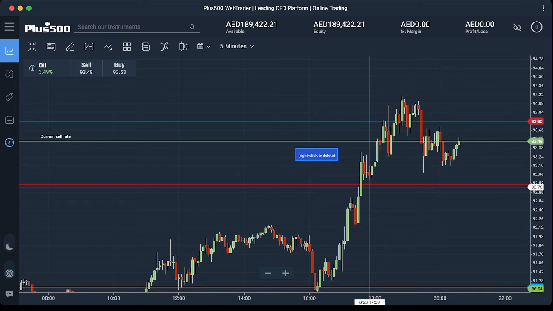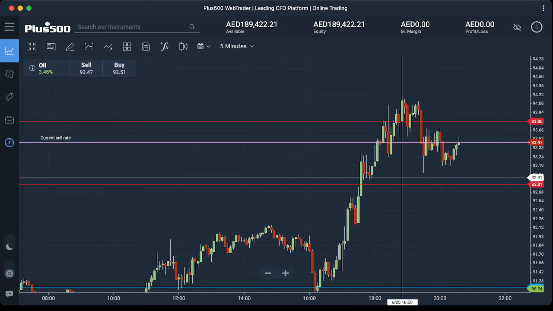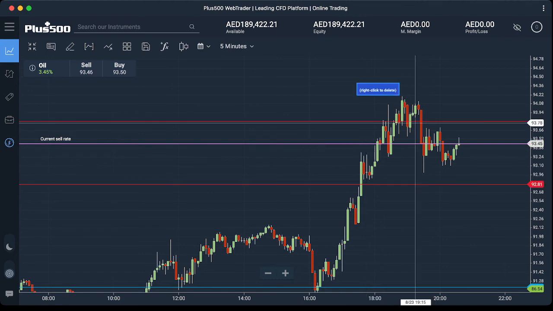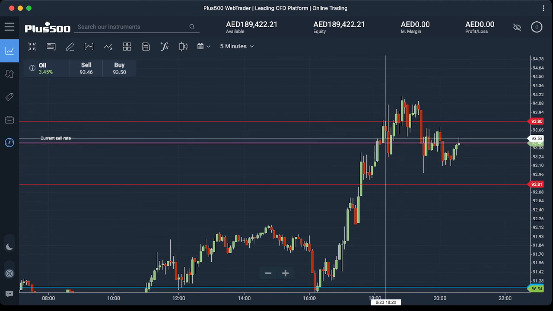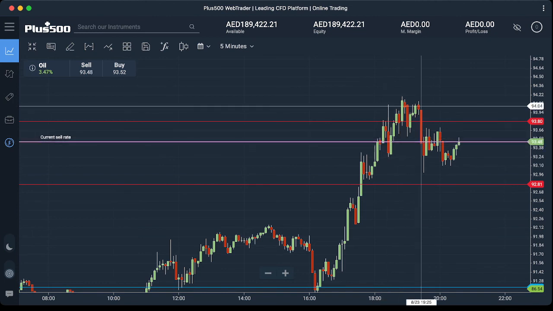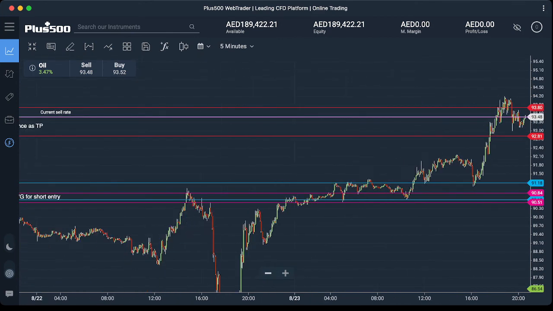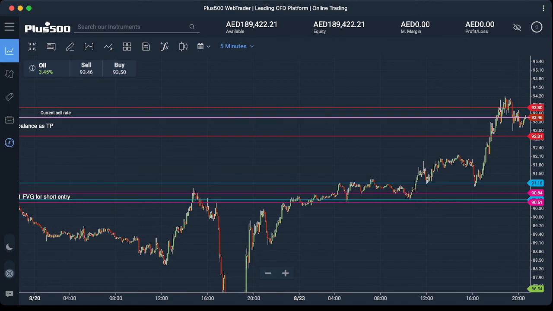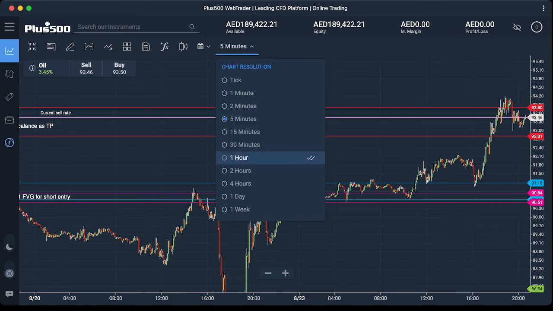But you can see at the end we can have another risky target profit, which is going to be at 93.80. Okay, so I hope this is clear now, and I hope you have a good understanding of the price action for crude oil on Monday and Tuesday.